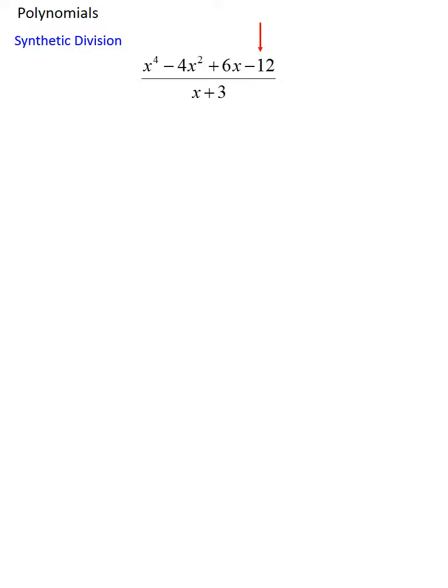After years of research, someone and a group of people probably discovered that if you take the coefficients out of the top, there's my constant coefficient, there's my linear coefficient, there's my quadratic coefficient. And if you take the coefficients out of the top, sort of strip away the variables, we can make a really nice shortcut that will lead to the answer to this division problem.